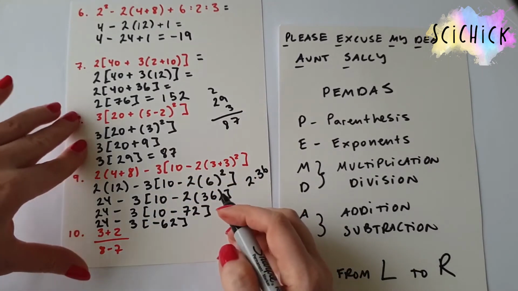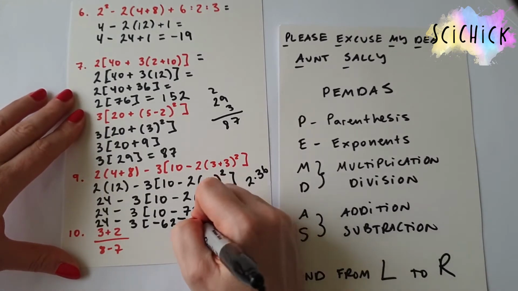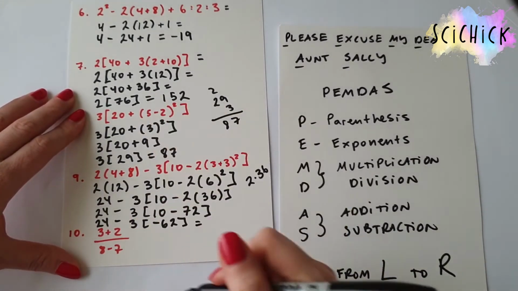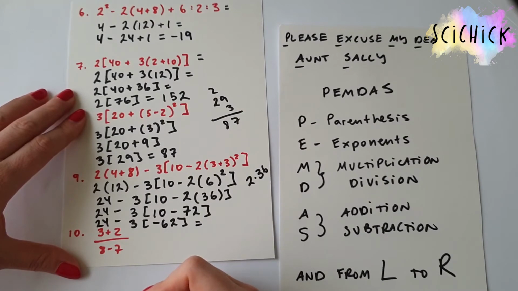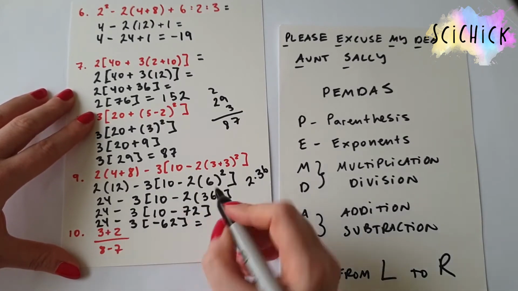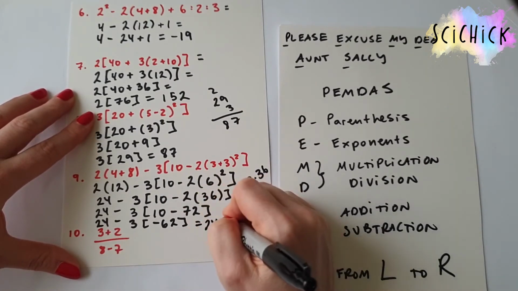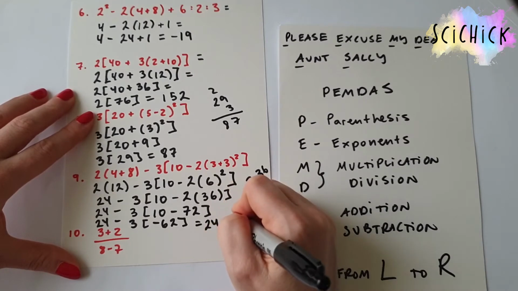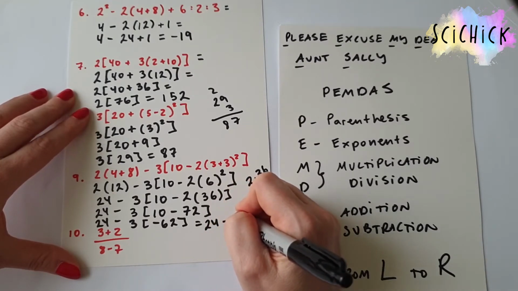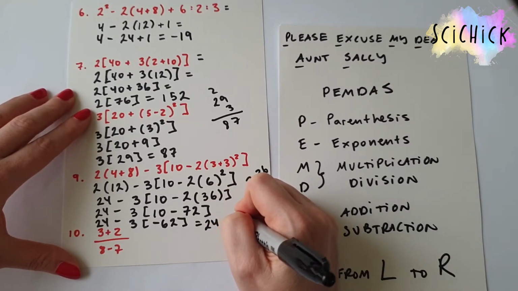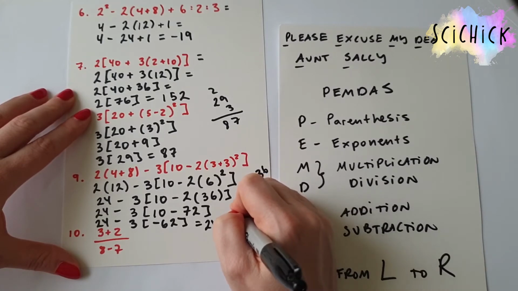Here, okay. Gonna continue here. Sorry, I can't bring this down more. There's another one over here for us. So I have 24 minus 3 times, I'm going to actually put this within the brackets.